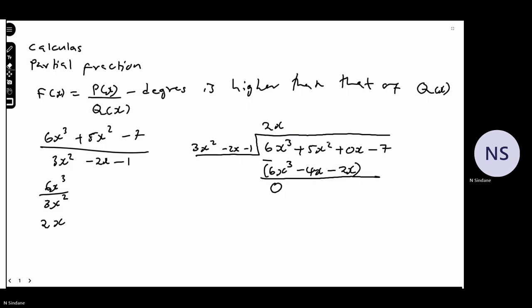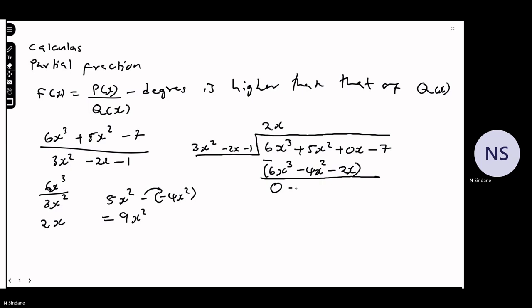5x squared minus, okay, what happened here? This is supposed to be squared, sorry for that, because it is 2x multiplied by 2x. Okay, 5x squared minus 4x squared gives us 9x squared, which is positive, because the negative will multiply that.